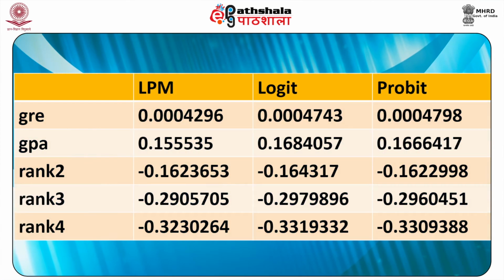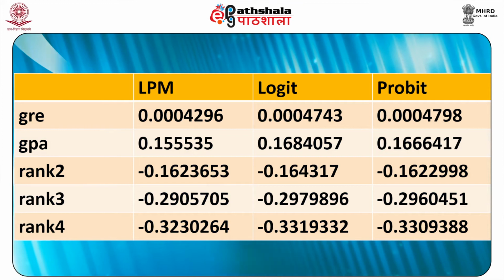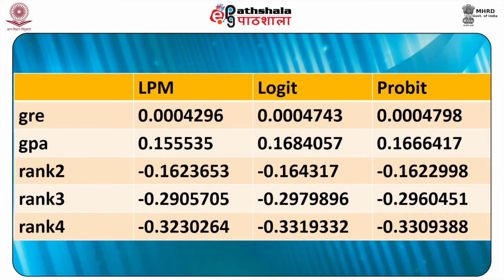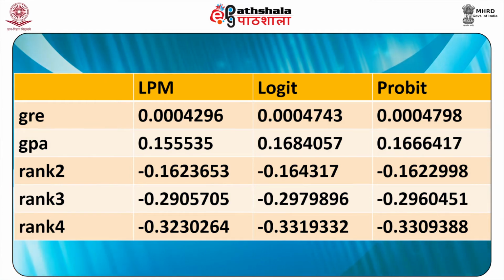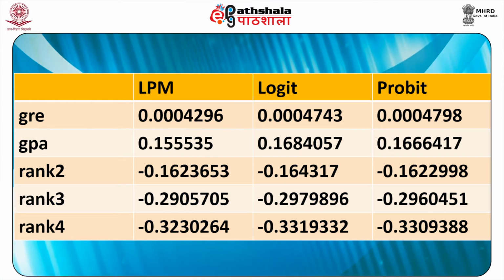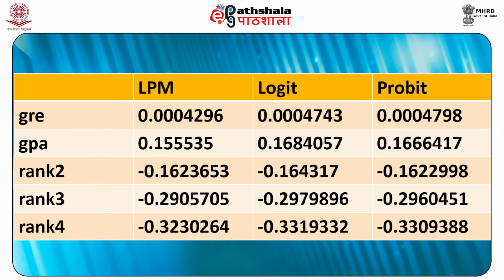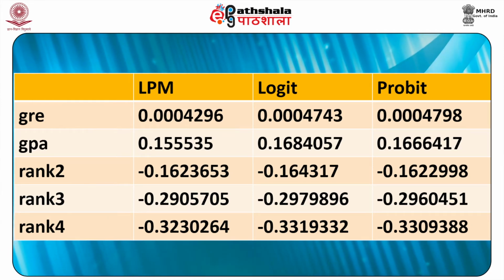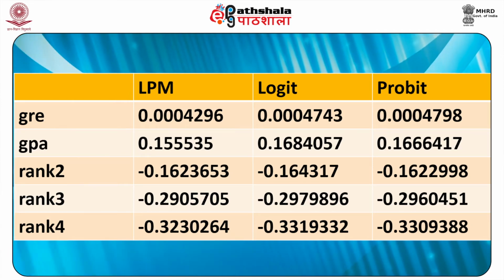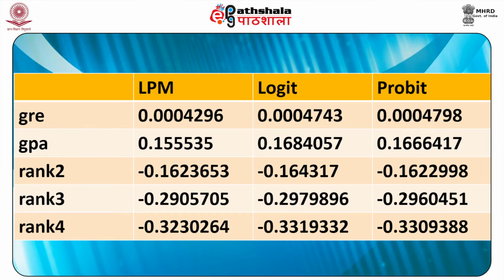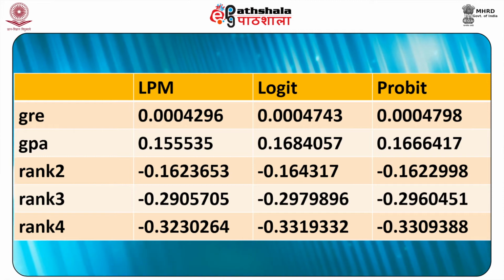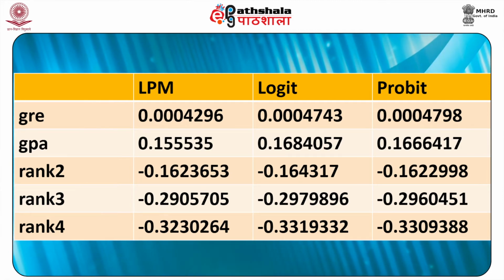Let's now look at the marginal effects at means. We have table 3 for that, in which we have the LPM model, again the Logit and the Probit models, and we have these marginal effects of GRE, GPA, rank 2, 3, 4, and rank 1 is our benchmark category. This table gives the marginal effects at mean values of the predictors.